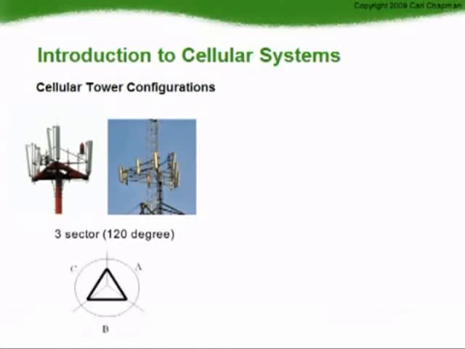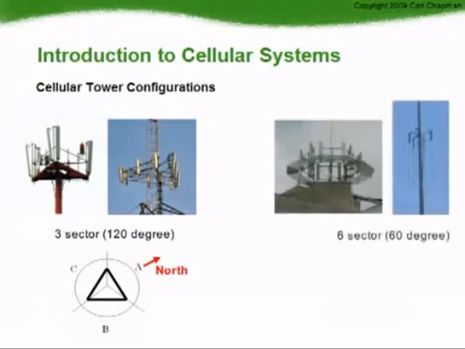The sectors are typically named in a clockwise manner A, B, C or X, Y, Z or alpha, beta, gamma. The A sector points north as an industry standard. Each sector uses a different group of channels. It is common for operators to configure 3-sector cell sites around freeways and main roads as 2-sector sites.